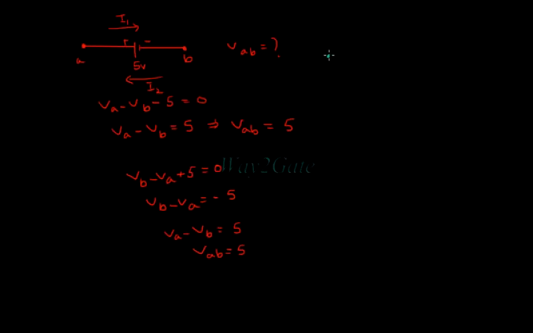Similarly, if we have both a resistance and a voltage source, and current is flowing in this direction, then VB minus VA plus 3 due to voltage rise, minus IR due to voltage drop, is equal to 0.